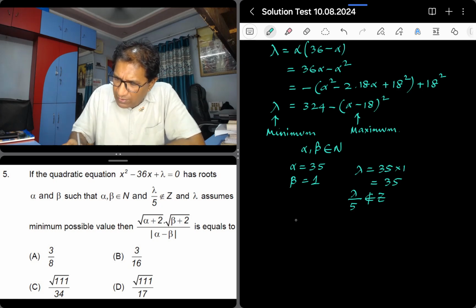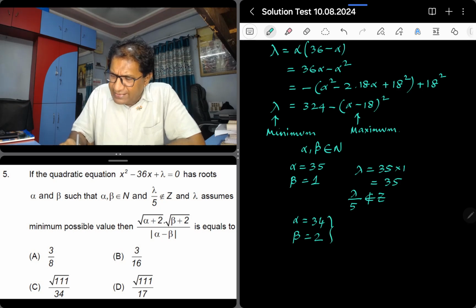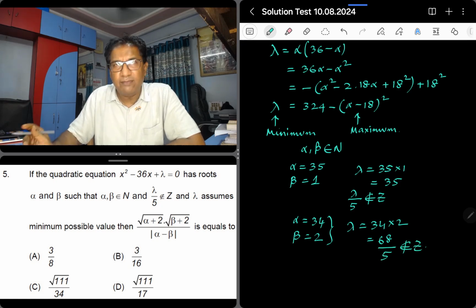So we will take the next one, that is alpha is 34. If alpha is 34, then beta comes to 2, because alpha plus beta is 36. Now, in that case, your lambda gives us 34 into 2, that is 68. And this 68, when divided by 5, does not belong to an integer, right?